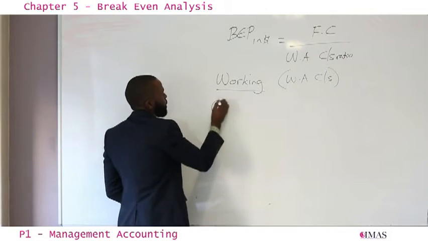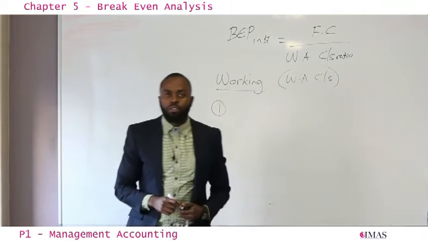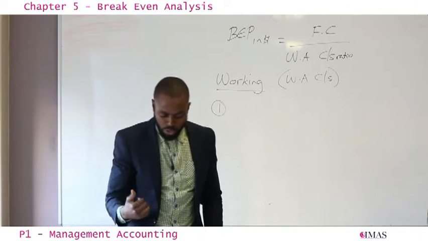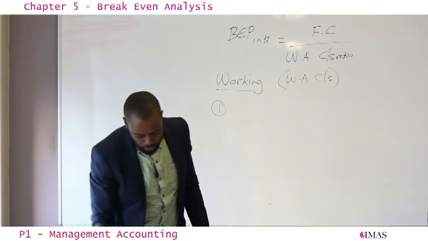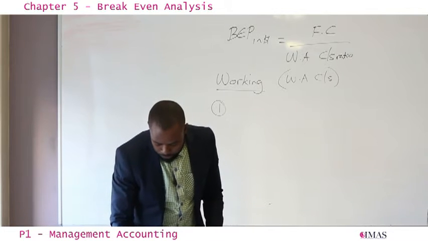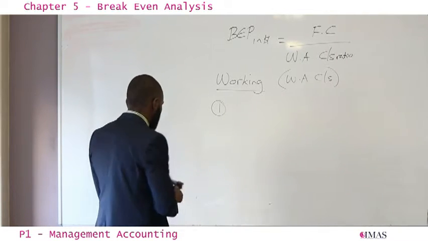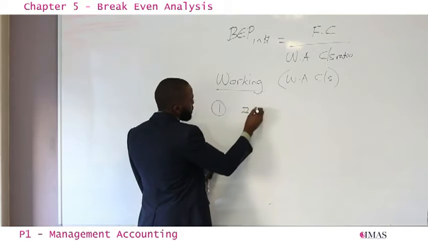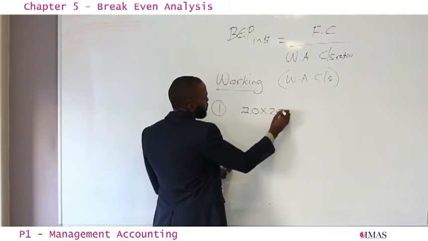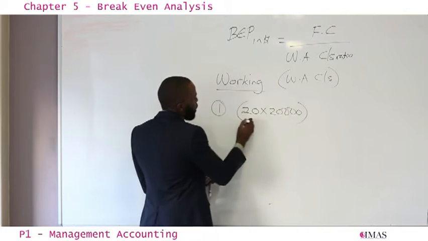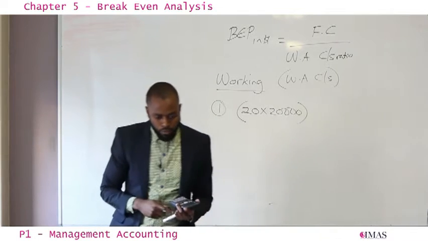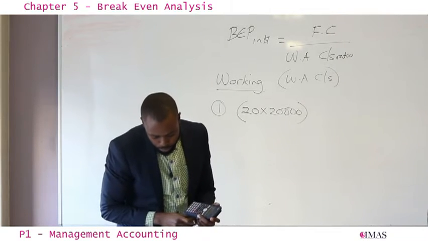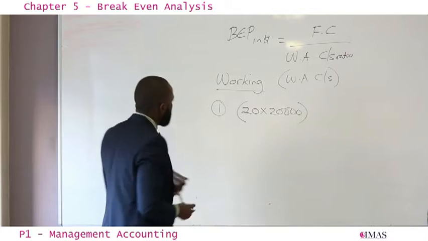So for method number 1, we first determine our total contribution, then our total sales. We're given our contribution per unit is 20. So we take 20 times 20,000. This is the contribution for product X. And for product Y, we take 15 times 10,000.